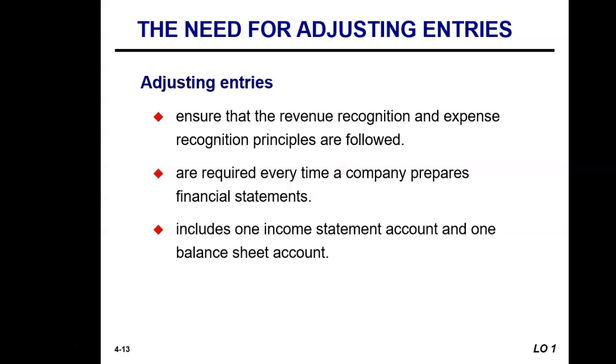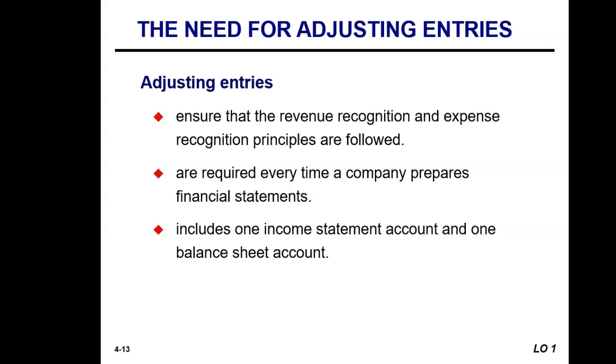These adjusting entries are journal entries made at the end of the accounting period in order to update our accounting records. When you're making adjusting entries, you're going to do one or two things. You're either going to recognize revenue or you're going to recognize and record an expense.